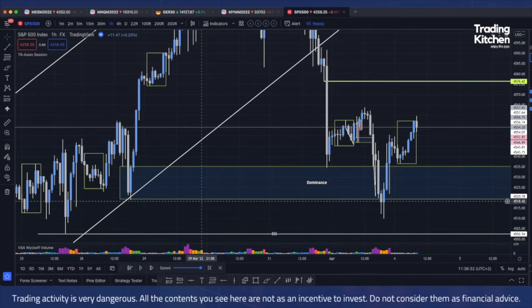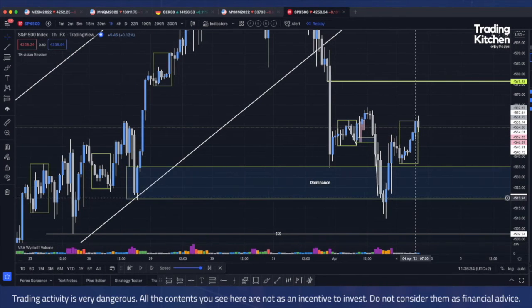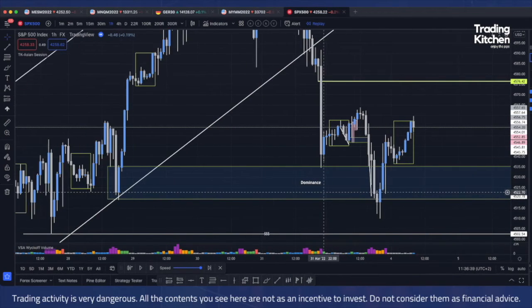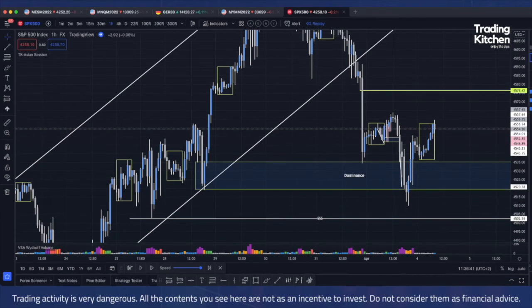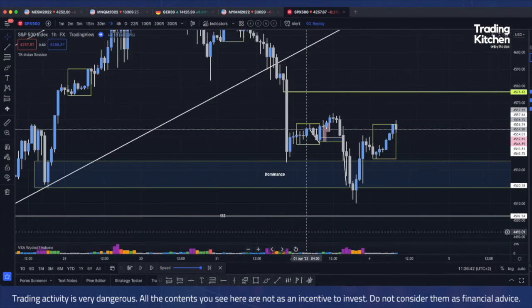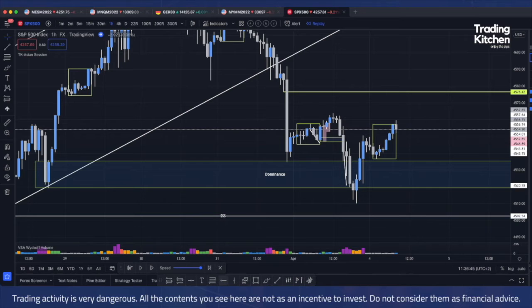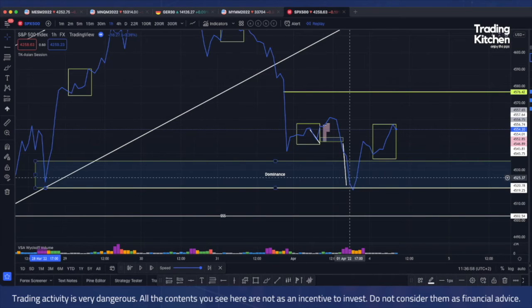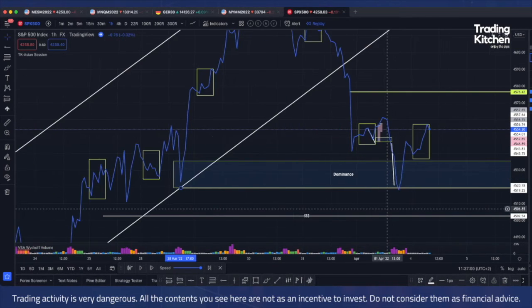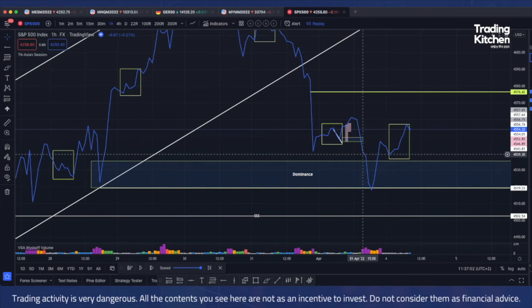Even if, as you can see, price reacted correctly to the zone, there is something that worries me, and basically it is this closing below this structure, below the support. You can easily see it using the line graph.